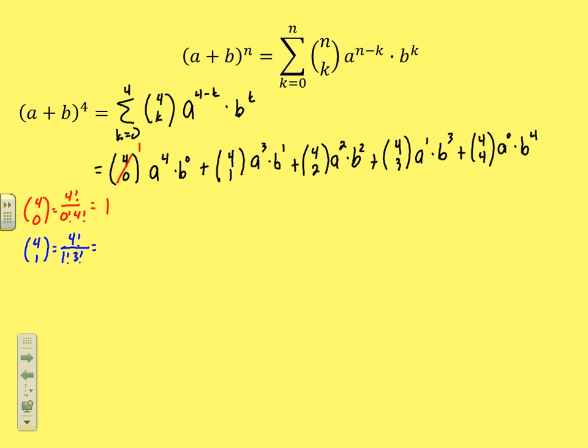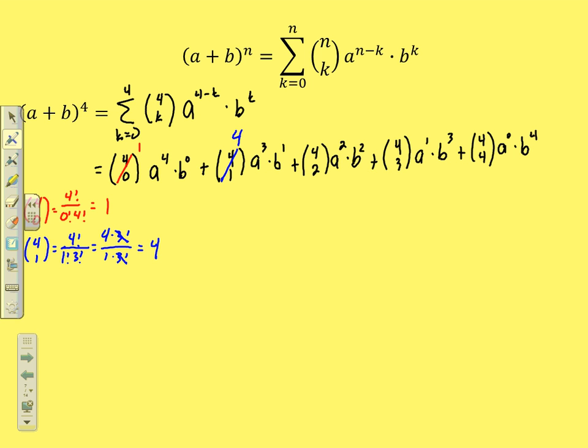Expanding that out, that's 4 times 3 factorial over 1 times 3 factorial, because 1 factorial is just 1. And you can see those simplify. So 4 over 1, that is 4. So that combination changes to be a 4.